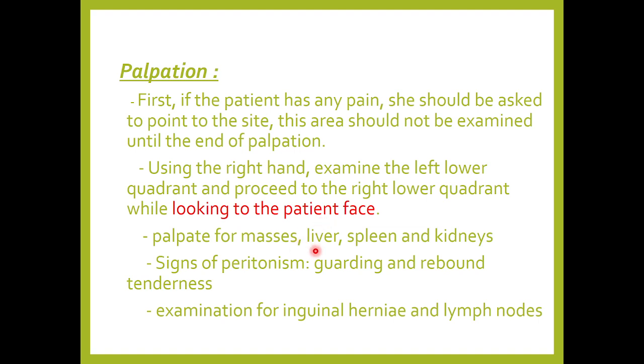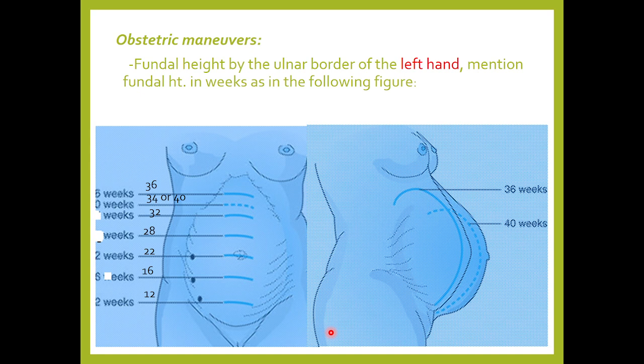Palpate for masses, liver, spleen, and kidneys. These can be displaced by the gravid uterus. For example, in appendicitis, the tenderness will be higher up because it is deviated up by the gravid uterus. Look for signs of peritonism, guarding, rebound tenderness, and examine for inguinal hernia and lymph nodes.